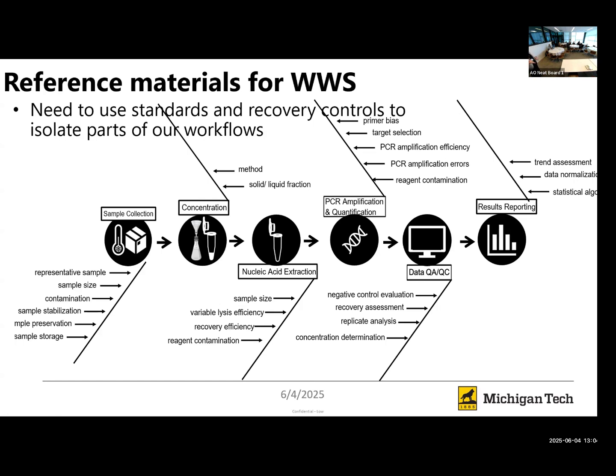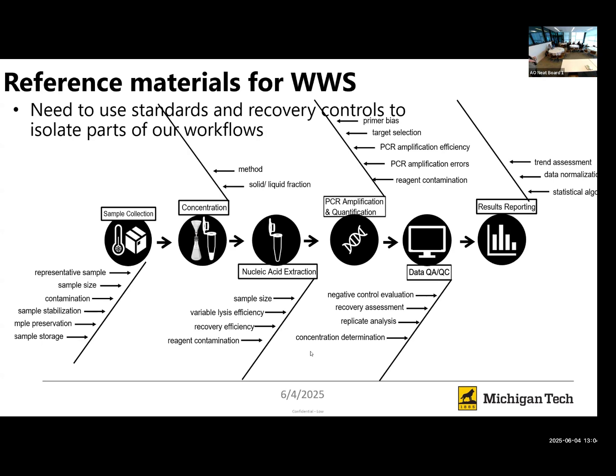So you don't need to read everything on this slide, but the goal is to really show you that from sample collection through concentration, extraction, amplification and quantification, or sequencing, whatever you're doing, QA, QC, and results reporting, we have quite a lot of variables that we're trying to account for. And as we start to compare, within one lab across assays, maybe a lot of these things stay constant, but then when you're comparing across different things that you're trying to measure, you're changing the variables here.